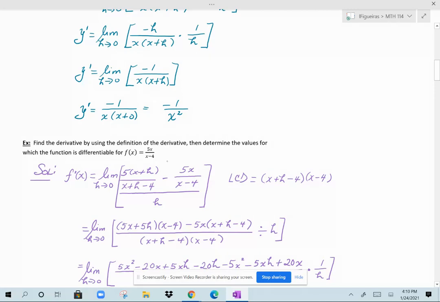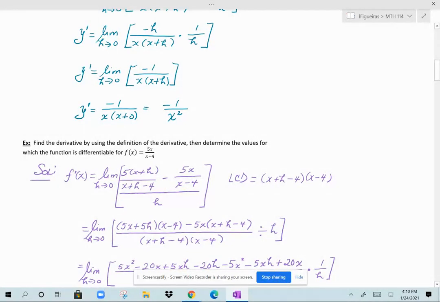The first expression gets multiplied by x minus 4, which is what you see right here. And the second one gets multiplied by x plus h minus 4, which is what you see here, all over our common denominator. And just like in the last problem, I wrote divided by h like this. Again, saves a little bit of space.